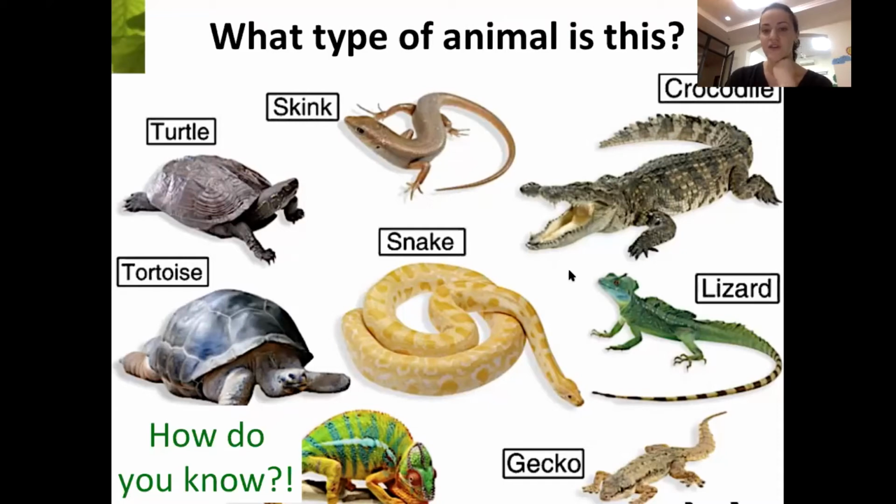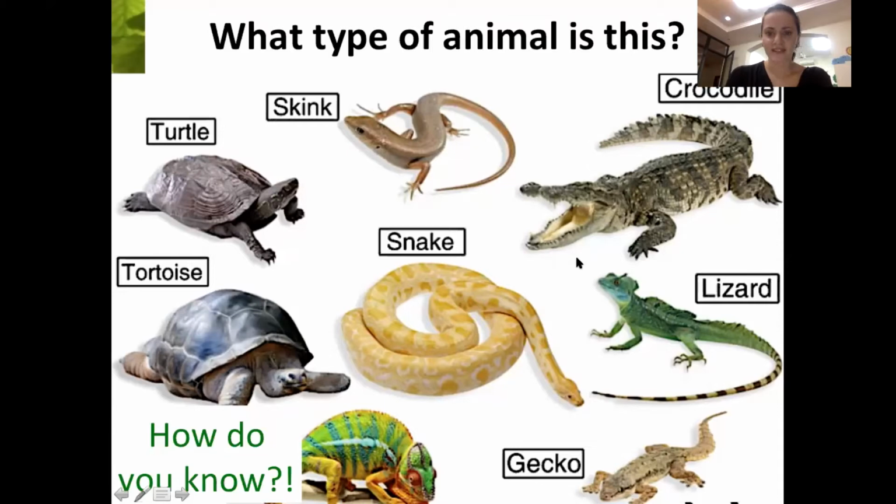How else do you know these are reptiles? How can you tell just by looking at them? Raise your hand if you know. Any other ways, George? They have scales.